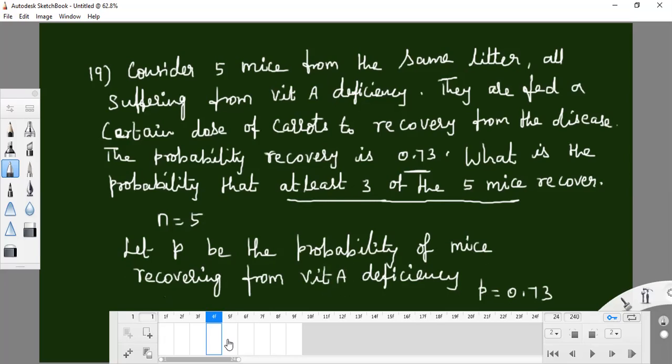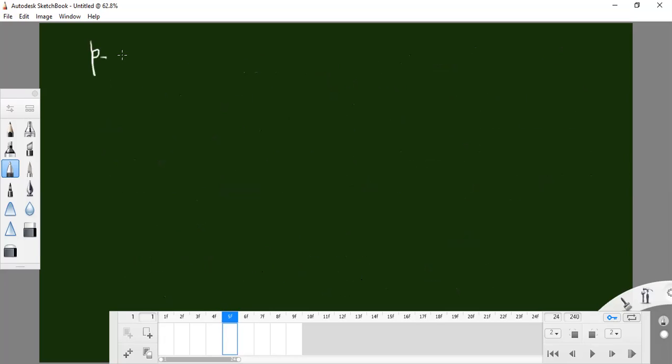What is the value of Q? P equal to 0.73, Q equal to 1 minus P, 1 minus 0.73, which gives Q equal to 0.27. Because it is 3 of the 5, the n value is 5.